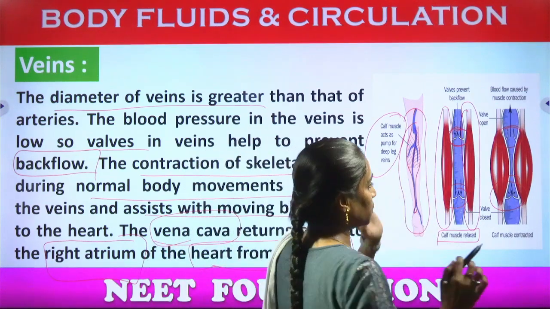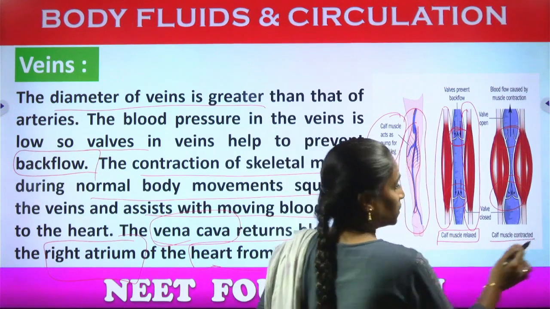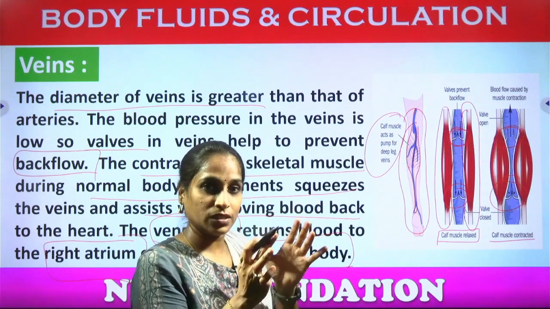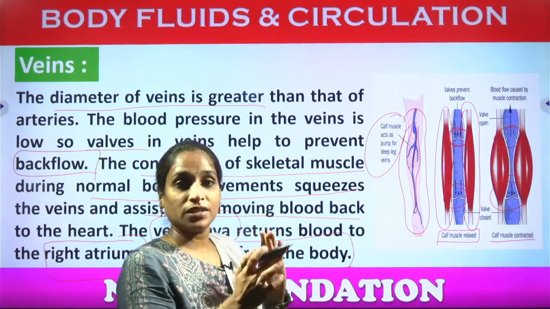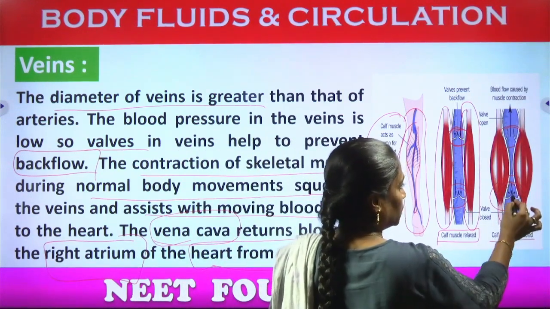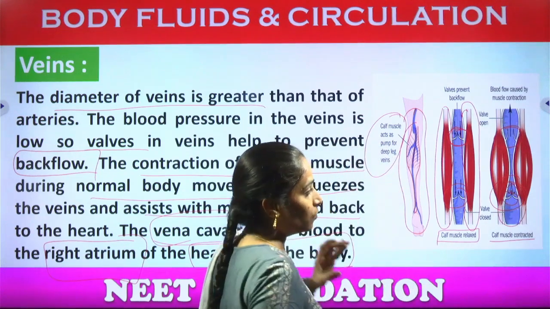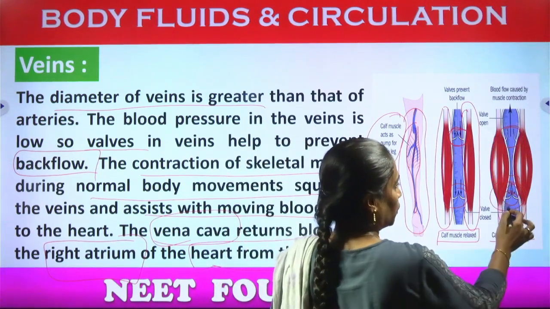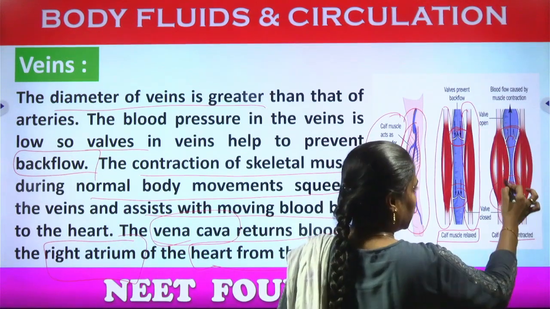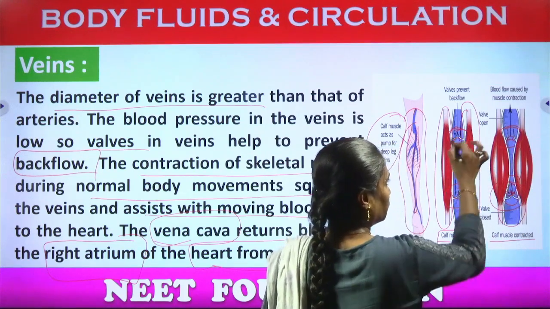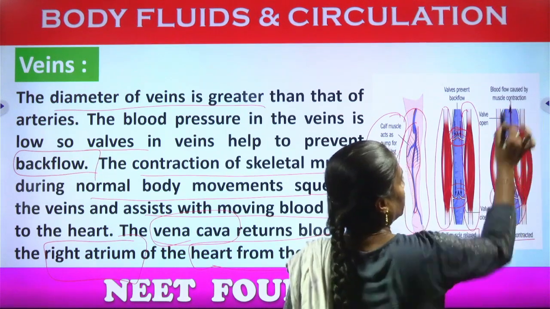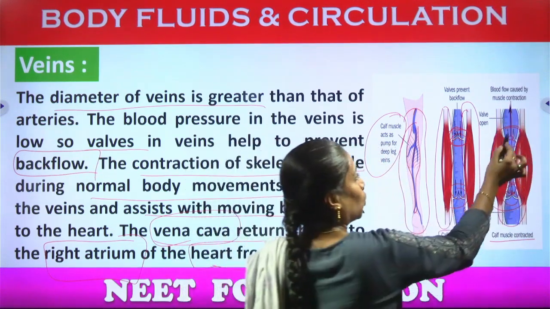And coming to the next picture, you see the calf muscle contracted. The squeezing pressure is being created by the calf muscles and makes the blood flow in the veins. Okay, see here, this is the valve which is making a way. Whenever they are contracted, the blood in this place moves in a forward direction by opening the valve.